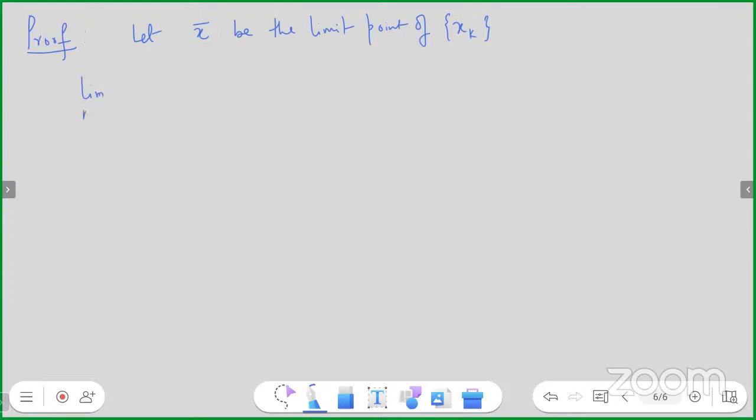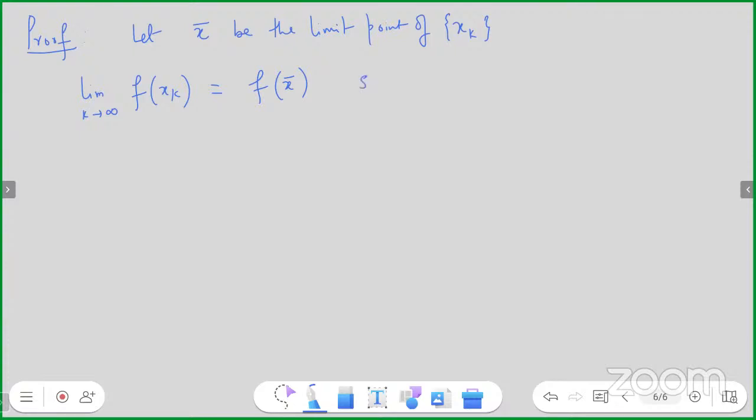So what is the limit as k goes to infinity of f of x_k? What is this equal to? f of x bar. Why? When is this true? Since f is continuous, by assumption.